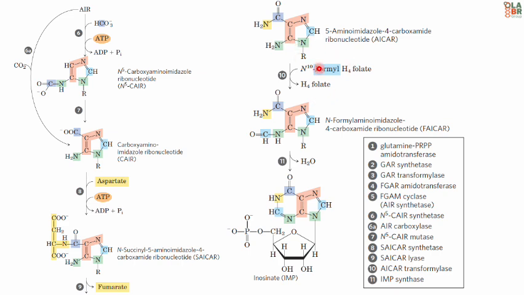And the second ring closure takes place to yield the second fused ring of the purine nucleus, which is step 11. In step 11, you have that release of H2O, so your water, and that gets us to our final molecule over here, which is this IMP molecule.